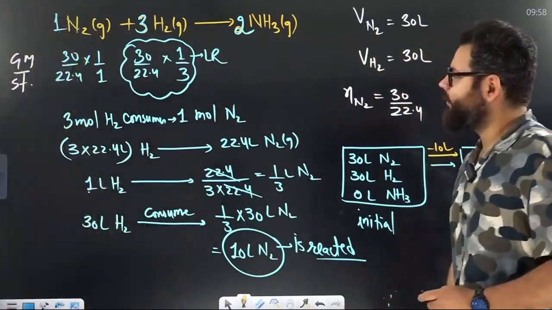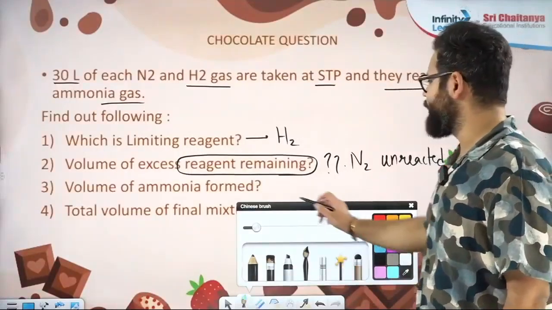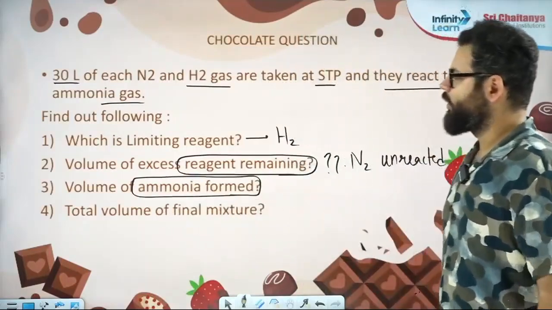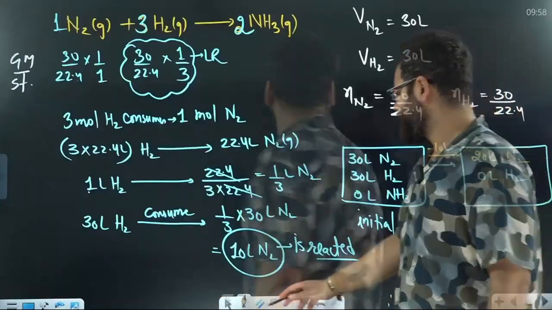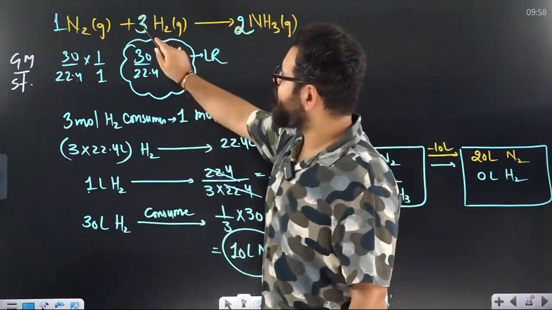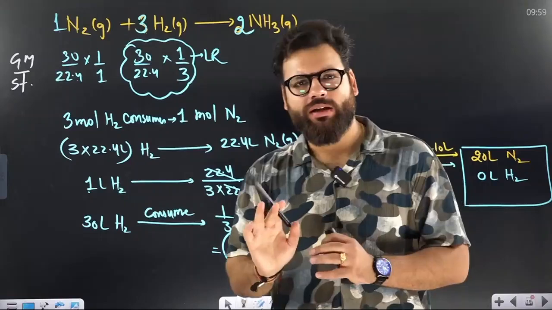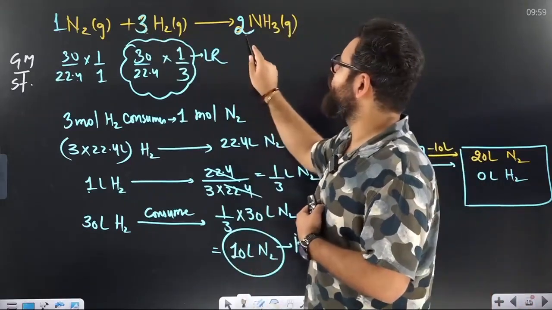Good. Then the next question is, find the volume of ammonia formed. Now we'll again go back to the question. Now you see, when 3 hydrogens react, because we said that everything will be decided by the limiting reagent, hydrogen says when I react 3, I will form 2 ammonia.